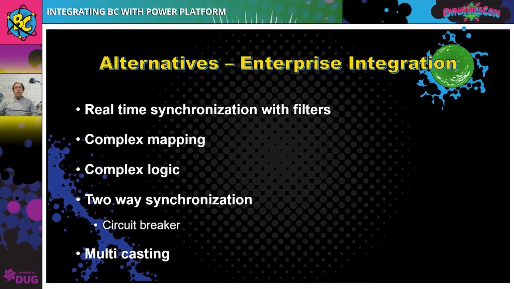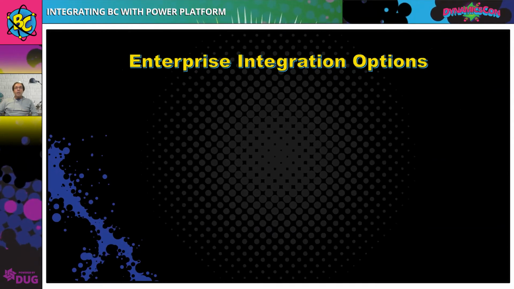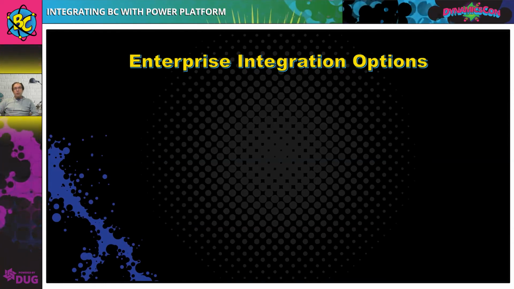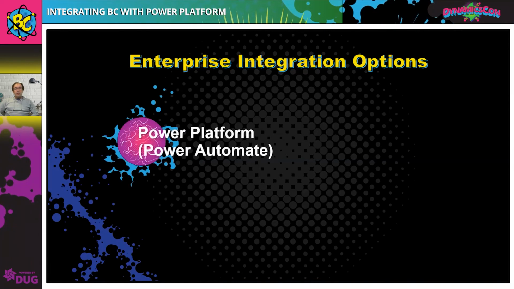But what is enterprise integration in this case? What are the options for me inside Microsoft, inside Power Platform, to create what we call enterprise integration? The first option is something that most of you are going to be quite familiar with, right? Inside Power Platform itself, you have the component for running workflows that can act as that enterprise integration option.